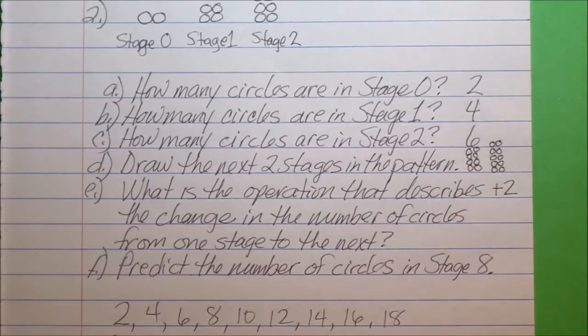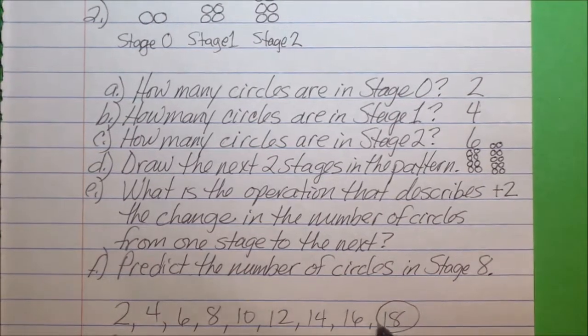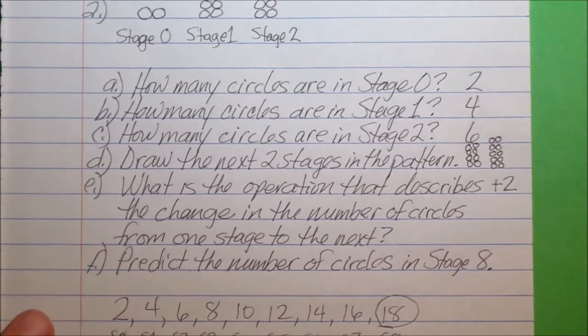And 18 is stage 8. It wanted to know, predict the number of circles in stage 8. I predict the number of circles in stage 8 will be 18.